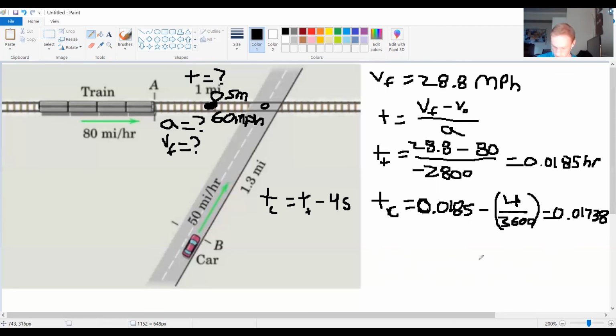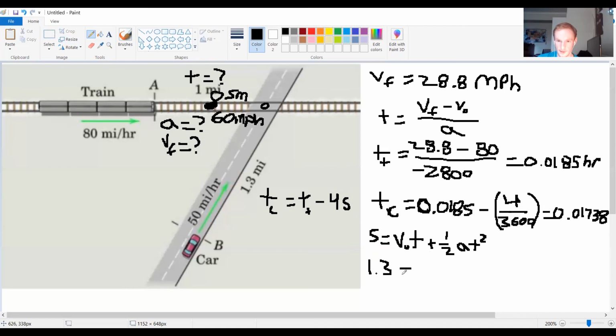Okay, and then to continue on, we're going to go to the position kinematic equation. We're really hitting up all the kinematic equations in this example. So here we go: S equals V0 T plus 1/2 A T squared, which we're going to start plugging into. We have 1.3 miles, which is the position when it reaches this track.